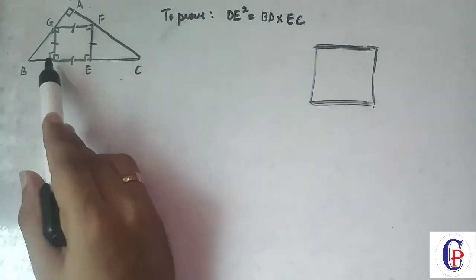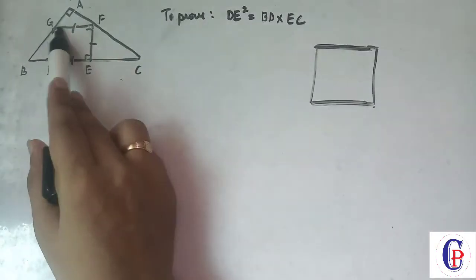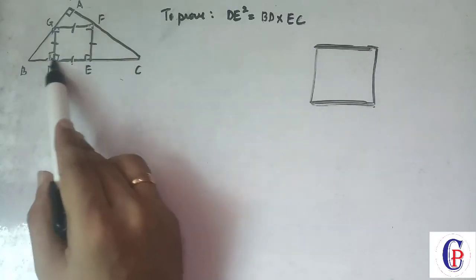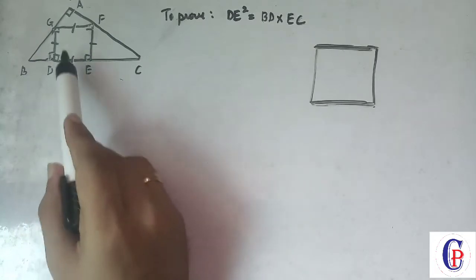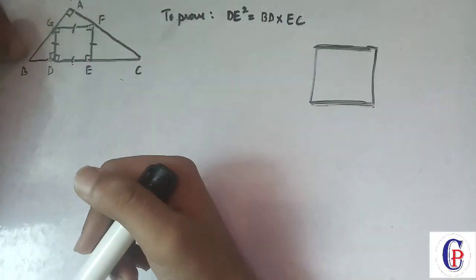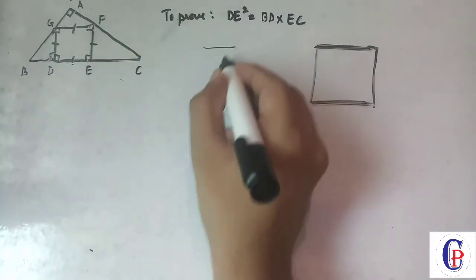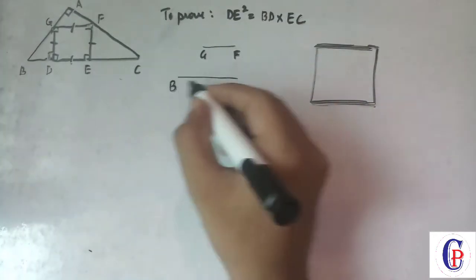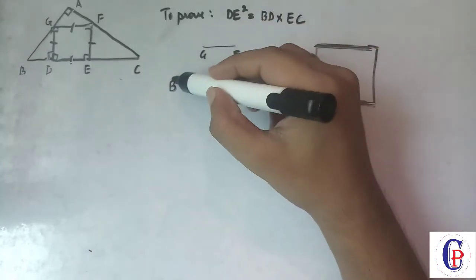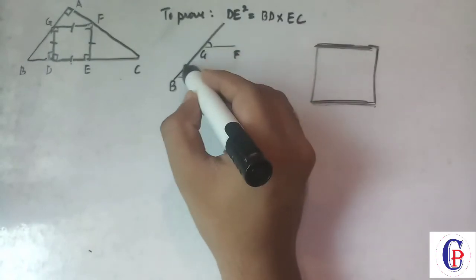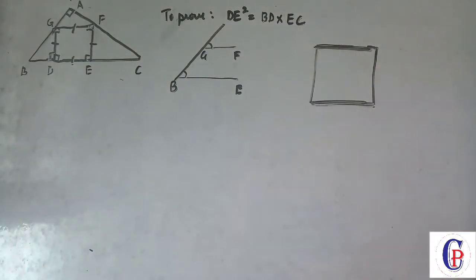So GF is parallel to DE. It means that GF is also parallel to BE because they are collinear. So if GF is parallel to BE and if AB is the transversal, we can say that these two angles are equal. By which test? By the corresponding angle test.